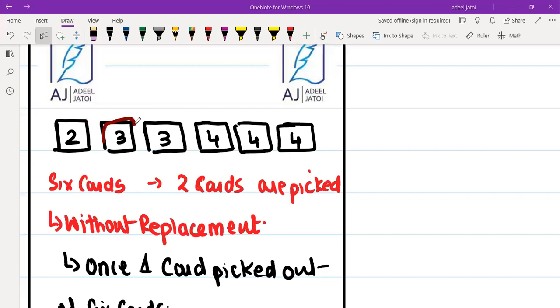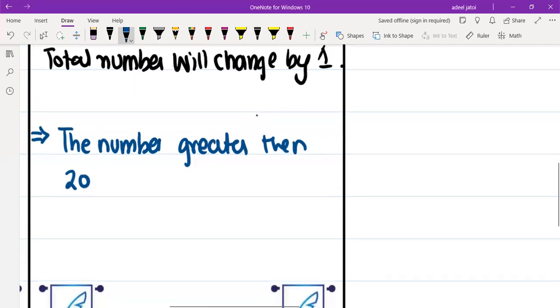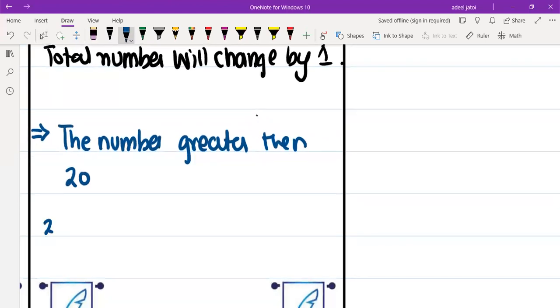Or the number can be 32. It can be 33. It can be 34. Or it can be 42, 43 or 44. That means all the numbers which we got eventually from this particular case are 23.